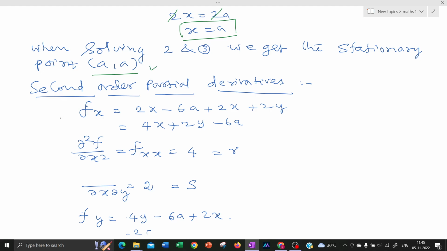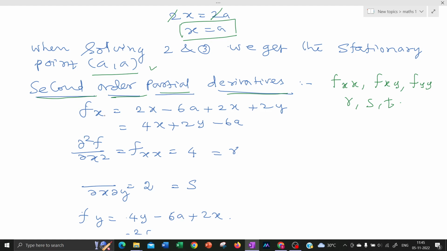To find the maxima and minima, next we have to find the second order partial derivatives. What are the second order partial derivatives? f(xx), f(xy), f(yy). Simply we can write these as r, s, t.